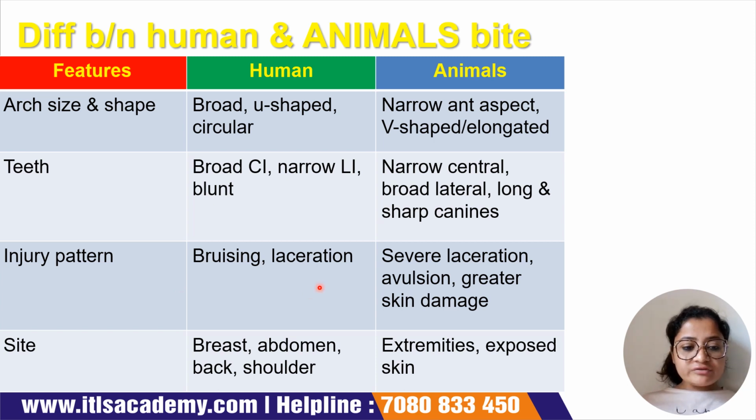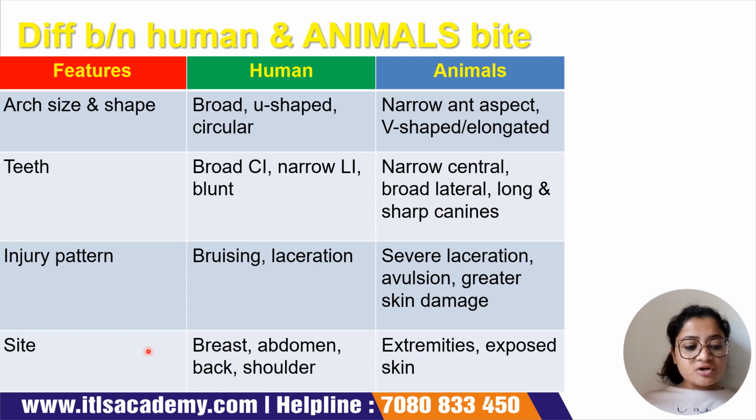Injury pattern in case of humans will be bruising and laceration. In case of animals it will be severe laceration. Laceration means when the skin comes out. So in case of animal bite, the laceration will be severe. There will be avulsion and there will be greater skin damage. So basically, animal bite will be much more harmful than a human bite.